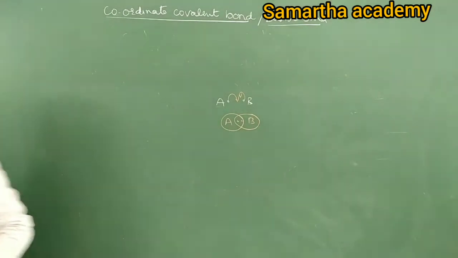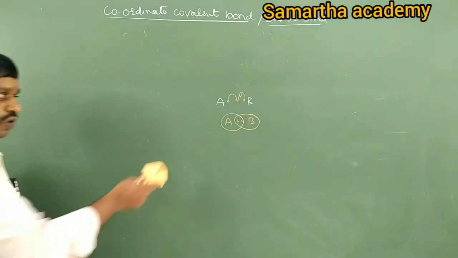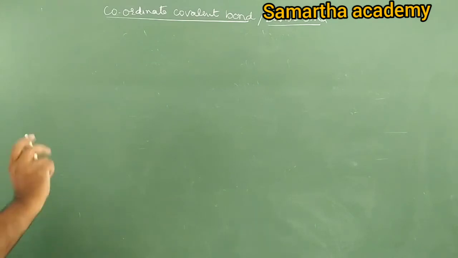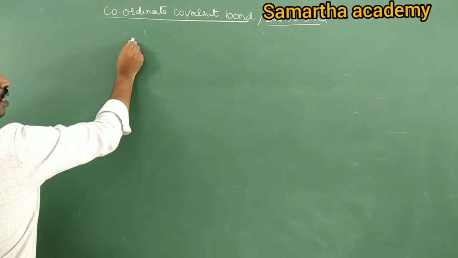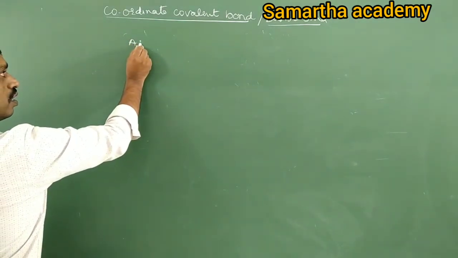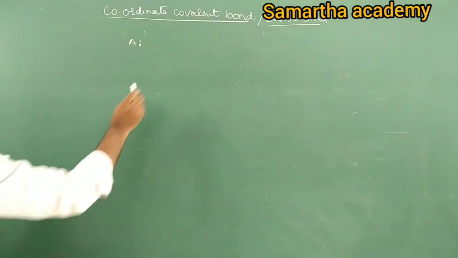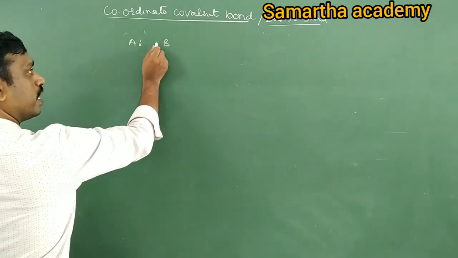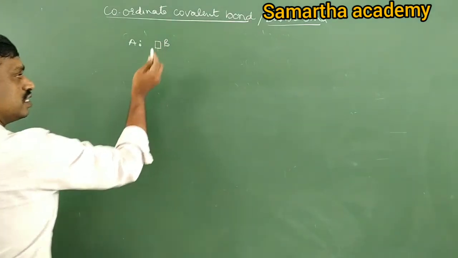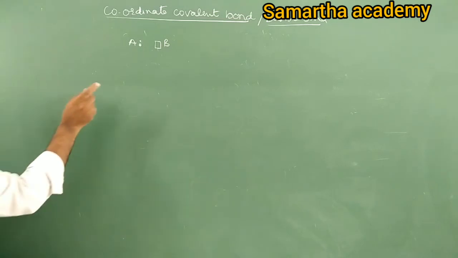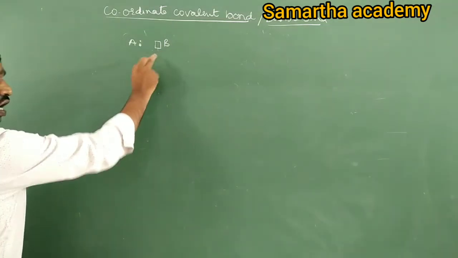But what is coordinate covalent bond? Coordinate covalent bond is different from covalent bond. In coordinate covalent bond there is an atom A which has a lone pair of electrons, or excess of electrons. Atom B has a vacant orbital, it is electron deficient. So now a bond is formed between A and B. How?